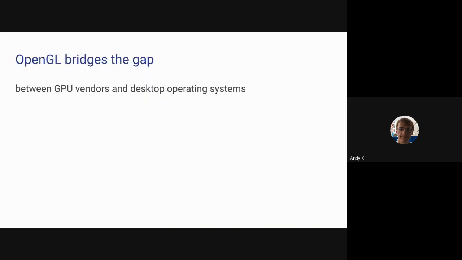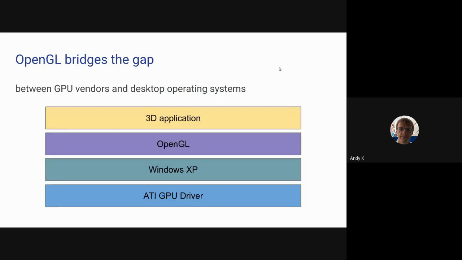So at this point, we have OpenGL as a graphics API that bridges the gap between different GPUs and desktop operating systems. For instance, you could be using Windows XP with an ATI graphics card, and you take your application and you can just pretty much move it to macOS and running a different GPU, and you don't have to rewrite your entire graphics system, which, as mentioned previously, is quite a lot of code when you're dealing at that level.